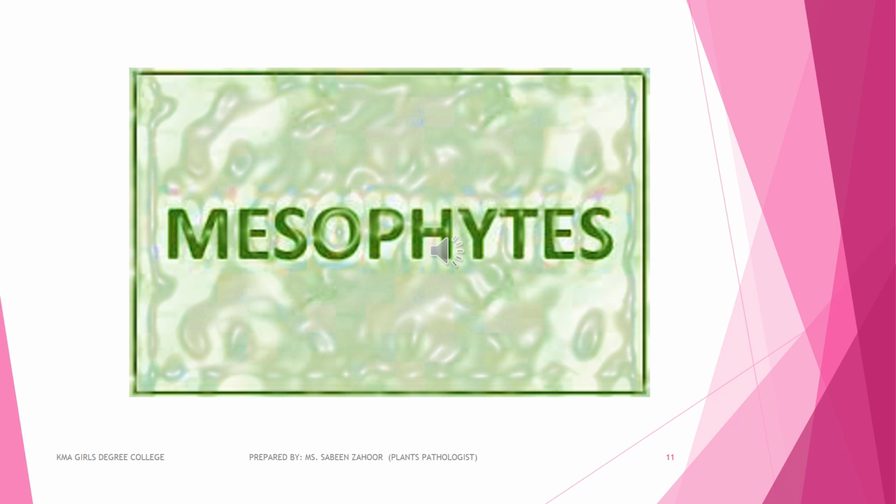They are not like the desertic plants which suffer from deficiency of water. They have a sufficient amount of water for their metabolic activities. That's why we use the term that mesophytes are moderate, intermediate plants. They can live in moderate temperature, moderate water condition and moderate soil. Right, girls? Okay.